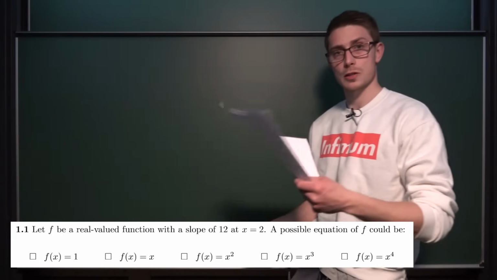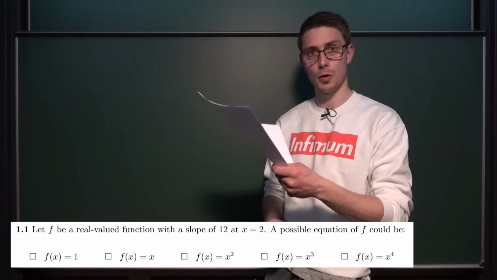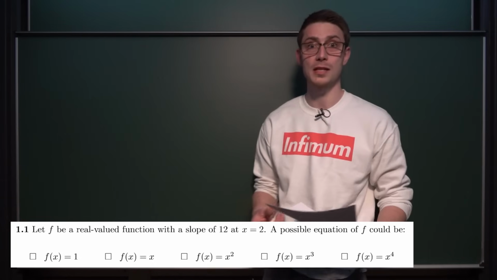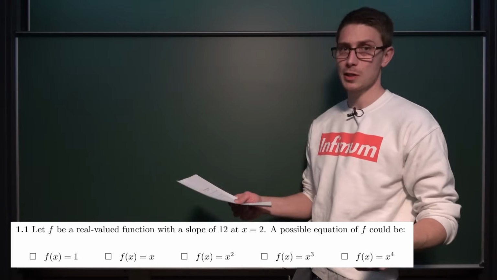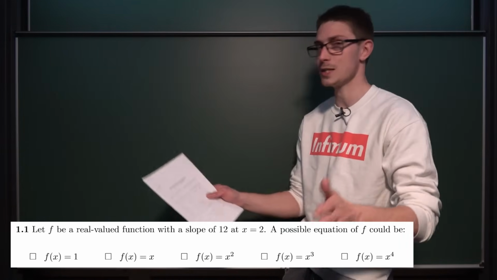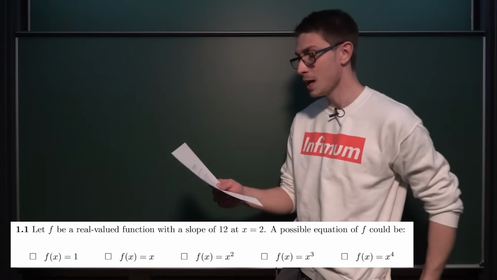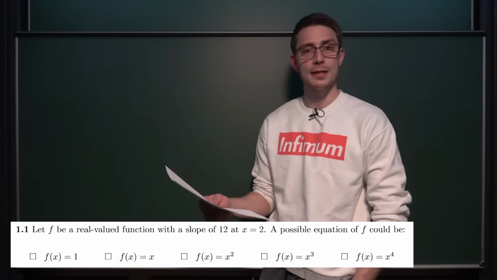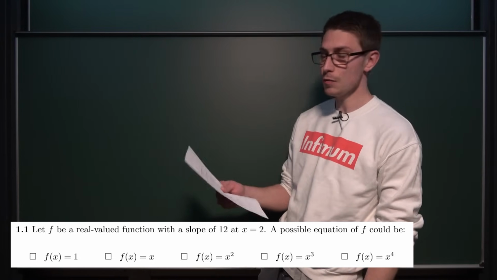And obviously, the slope of a function always corresponds to its derivative. This is how it has been defined. So we take the derivative of each and every one of those functions. You have 20 minutes to do so. It's very easy. Those are just simple monic polynomials and parent functions at that. And then you plug in x being equal to 2 and see if you get 12 out.